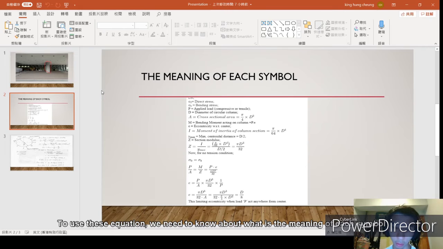To use this equation, we need to know about what is the meaning of each symbol.